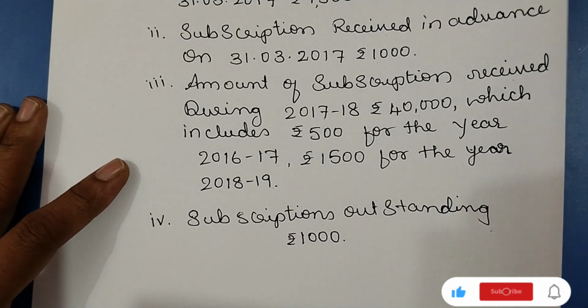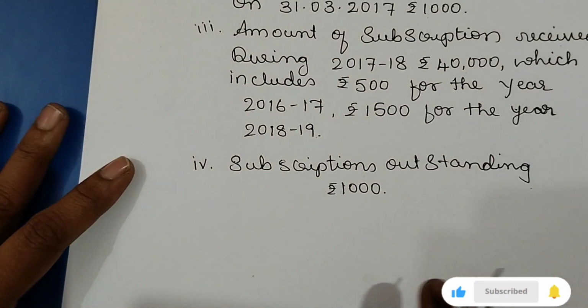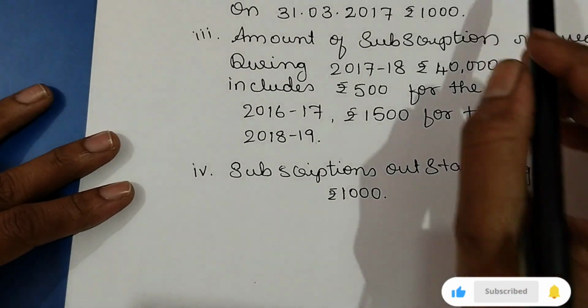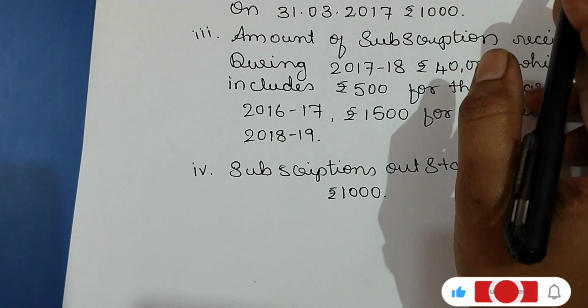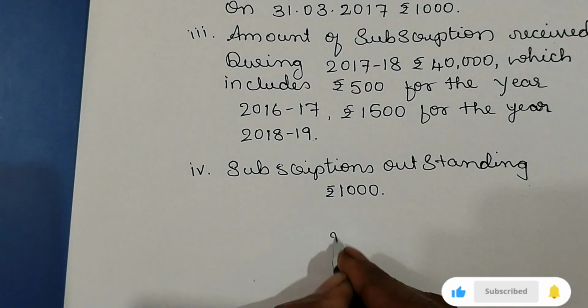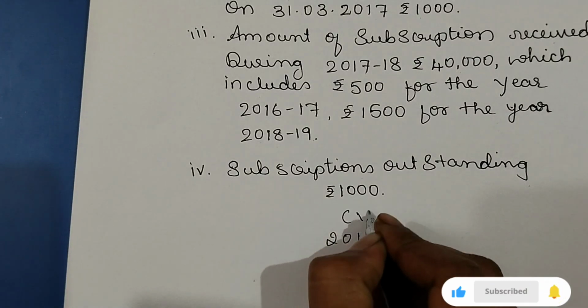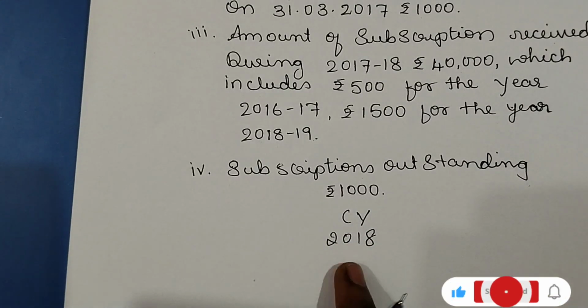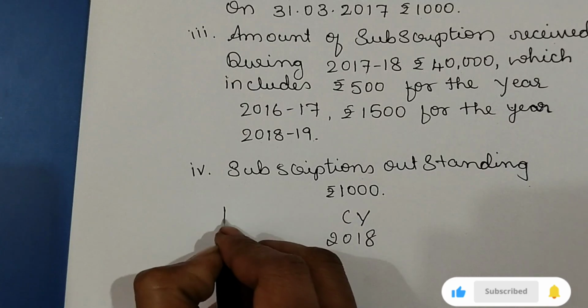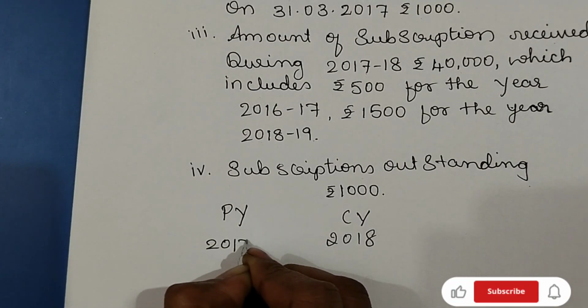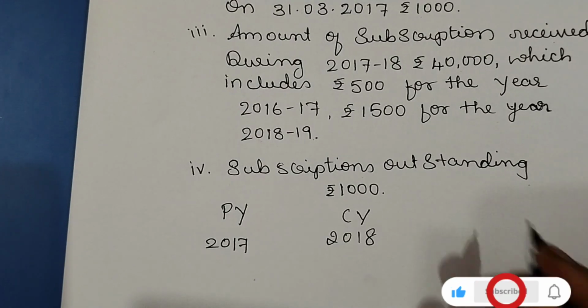Now we will understand which is our previous year, current year and succeeding year. Here we have information for 2018, so 2018 will be our current year, right? And what is our previous year? The previous year will be 2017. And what is our succeeding year?